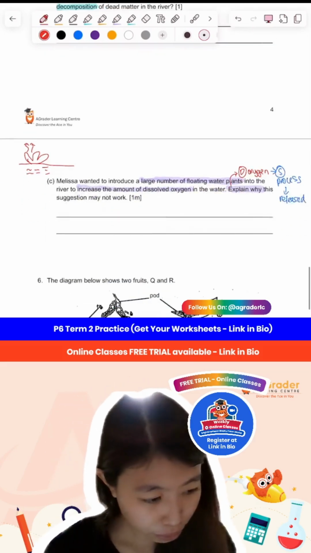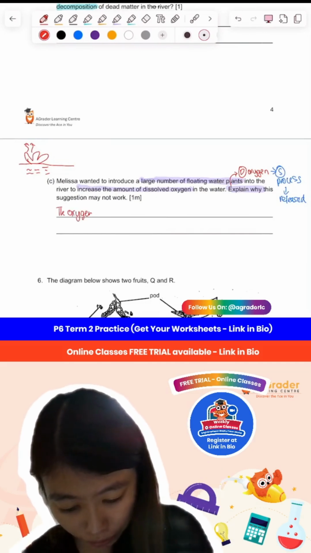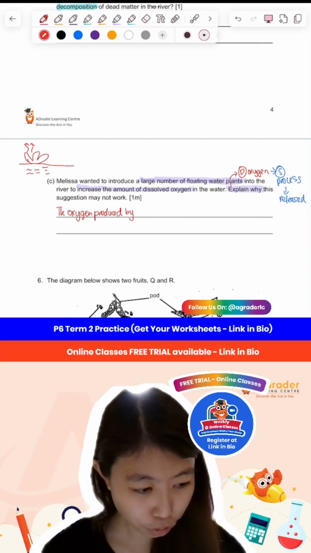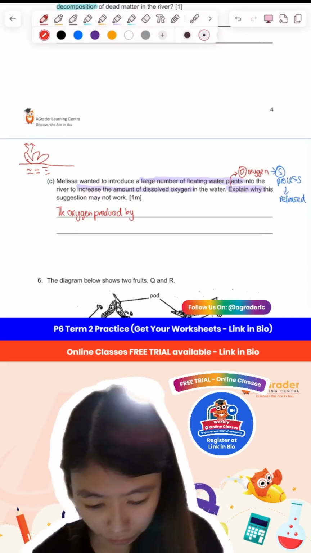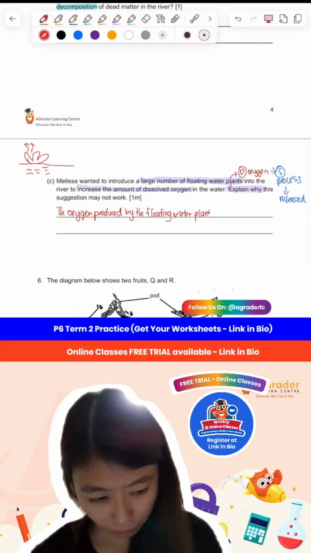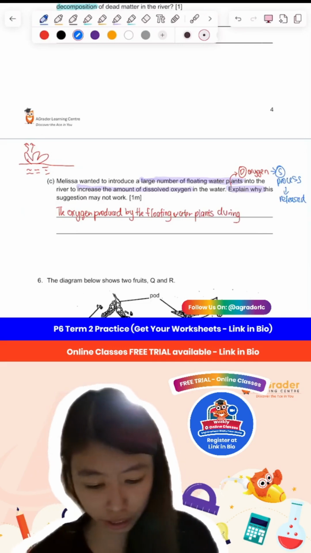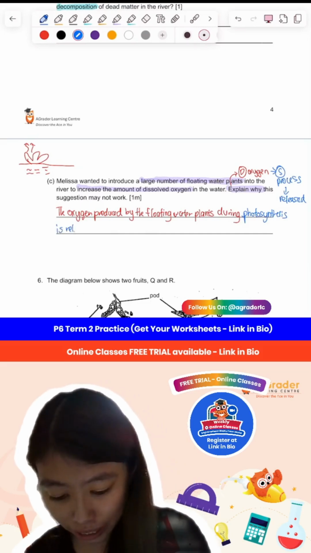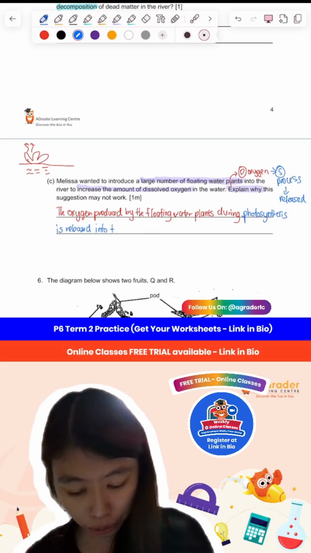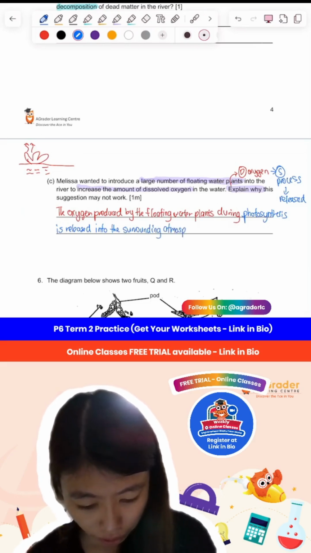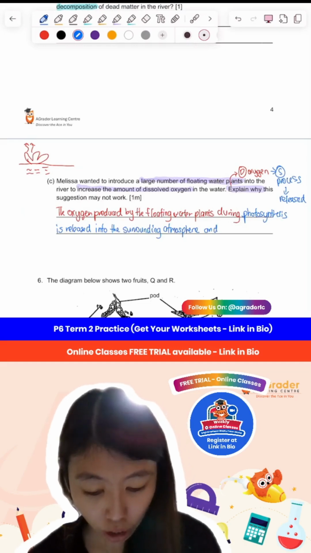So how are you going to answer such a question? You need to say that the oxygen produced by the floating water plants during photosynthesis is released into the surrounding atmosphere and not into the water.